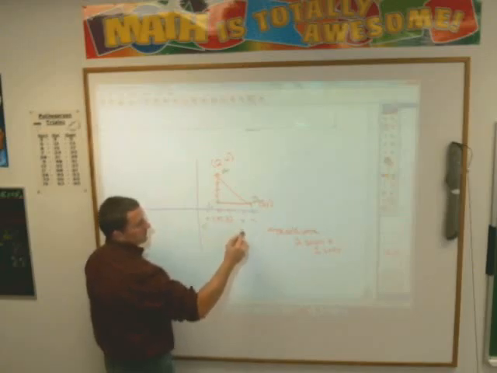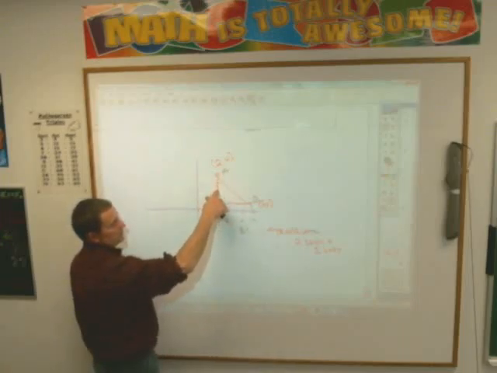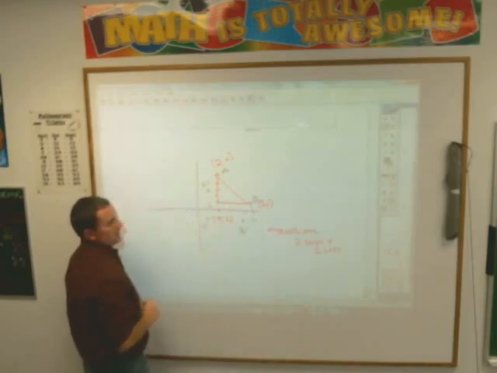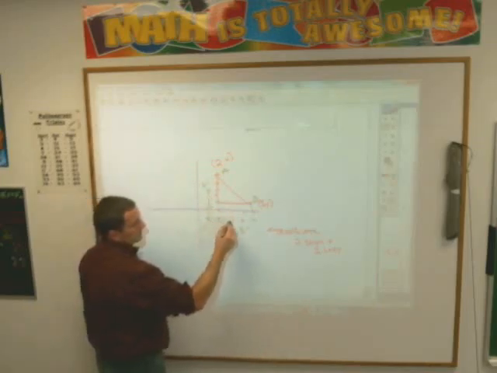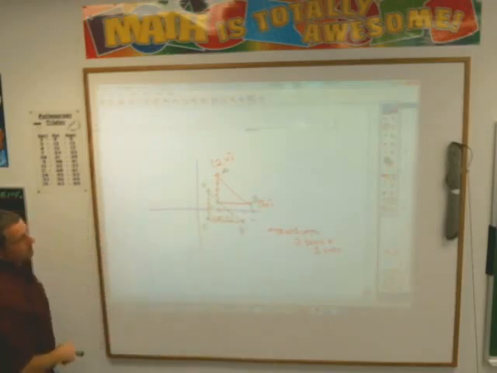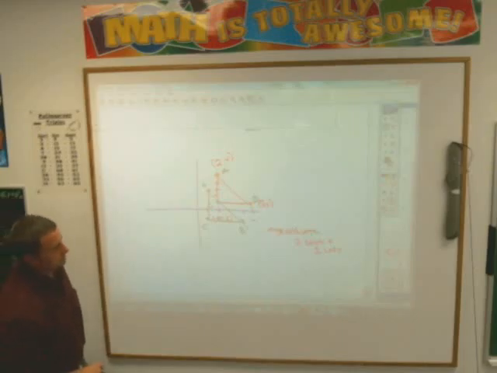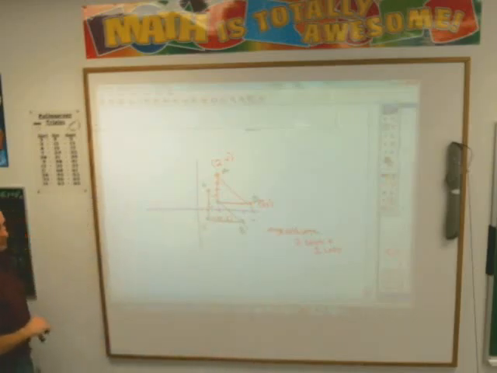Here's my new B prime point. A prime, down 2, left 1 goes right here. So now my new triangle looks like this, with all of its new points there. And they might ask you to give those new points, but you should be able to do that. You can kind of see that, that's our little slide there.